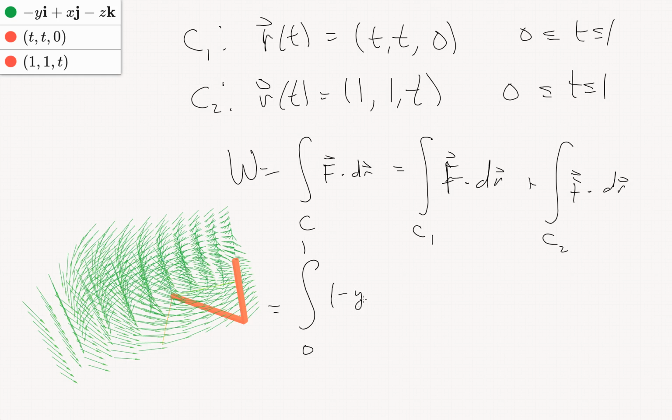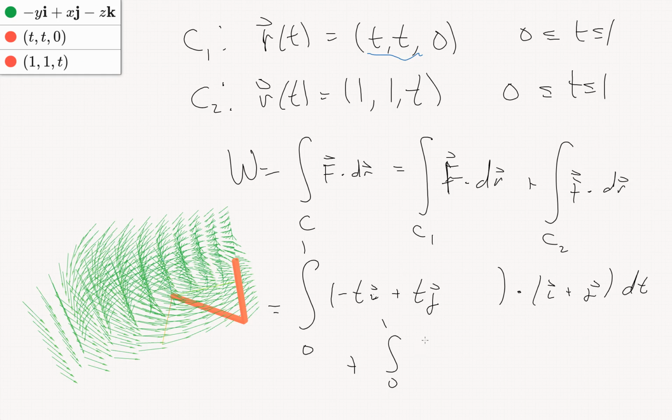F is negative y i plus x j minus z k, dotted with dr, which here is i plus j, dt. Now along here z is 0, so we get rid of that, and what we have is negative t i plus t j. Let me evaluate these individually, since I'm running out of space.